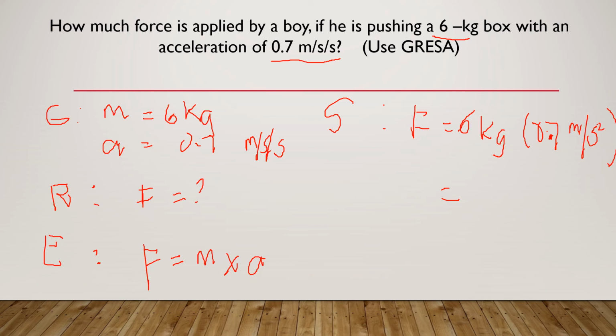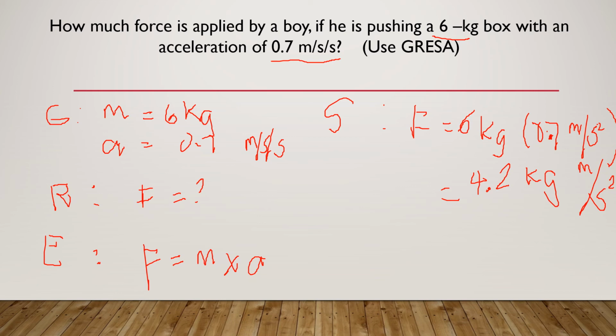So, the correct answer is, since that is 6 times 7 is 42 and there is 1 decimal point, the correct answer is 4.2. Now, there are no units that are the same, so you need to copy the 2 units here, such as kilogram meter per second squared.